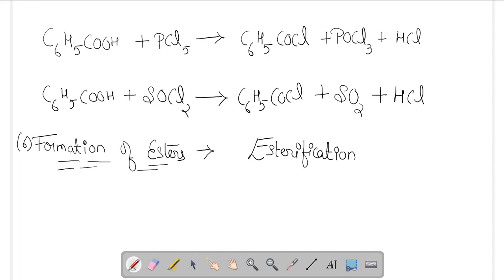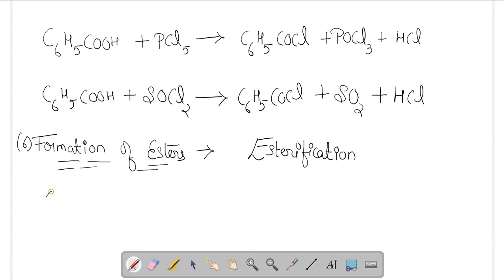Carboxylic acids have a smell containing sourness, but after the reaction of carboxylic acid with alcohols, a sweet smelling compound is formed, and this sweet smelling compound is nothing other than the esters.